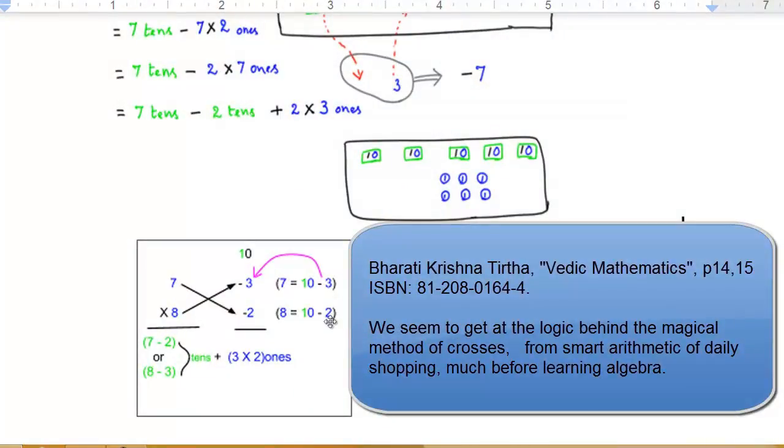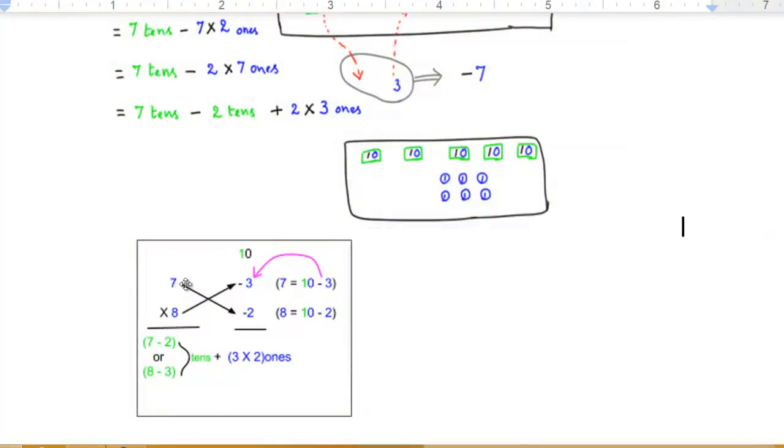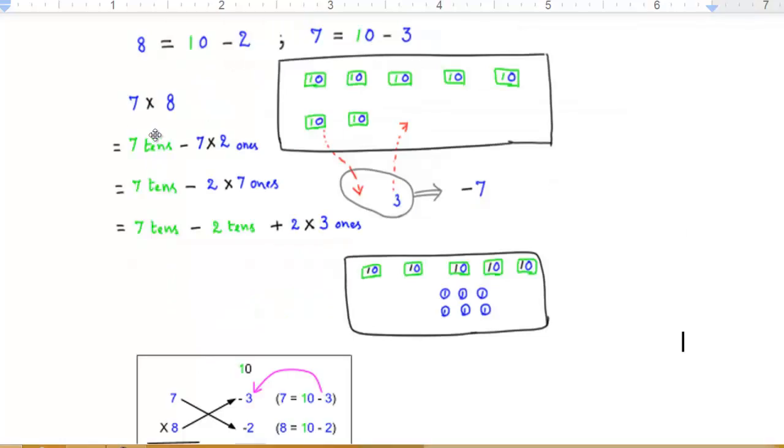But there we never gave any reasons why the number of tens should be given by the crosses 7 minus 2 or 8 minus 3, or why the ones are obtained by multiplying 3 and 2, and why we should add these ones to these tens. We just stated that. But here we know the reasons for every step that we have written here.